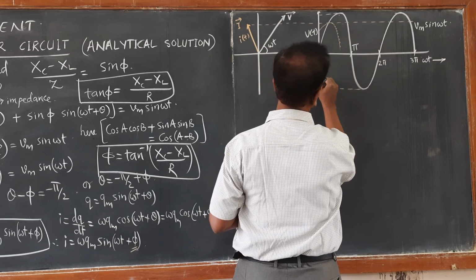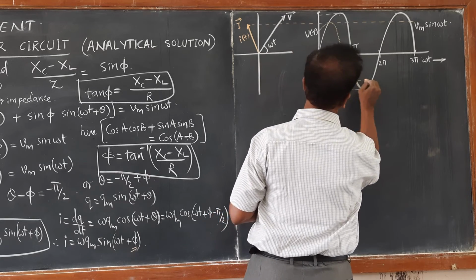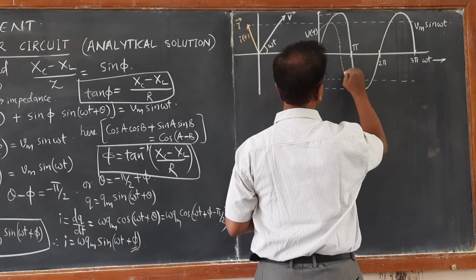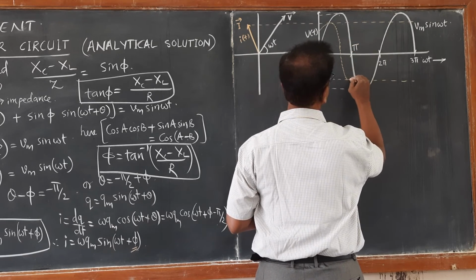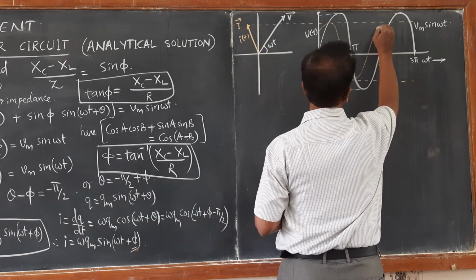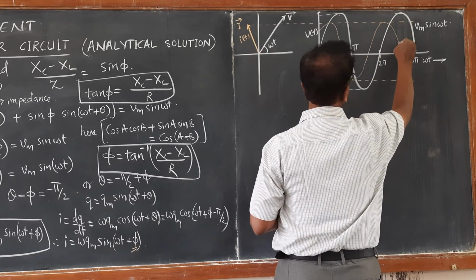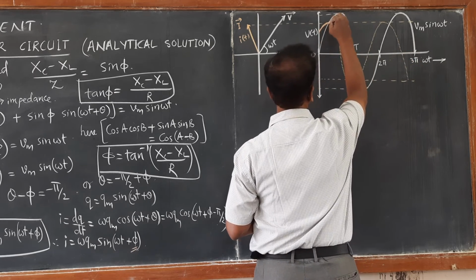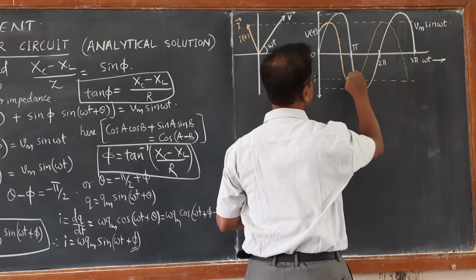And here also you have to draw the peak value of current. And this phase is always maintained like this. So this is how we can draw the graph for current in the LCR circuit.